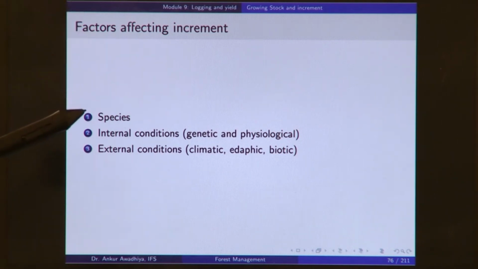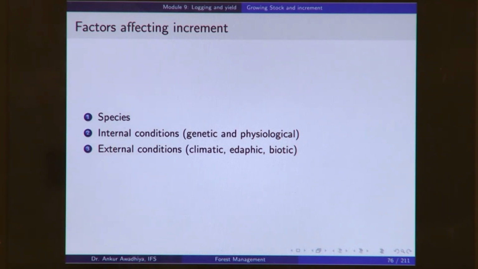Increment also depends on the internal conditions, that is genetic and physiological conditions. So, essentially if you have those plants whose parents were showing very fast growth, their genetic constitution is such that they are showing up a faster growth. So, there is a genetic composition involved. Also there is a physiological composition that is involved.